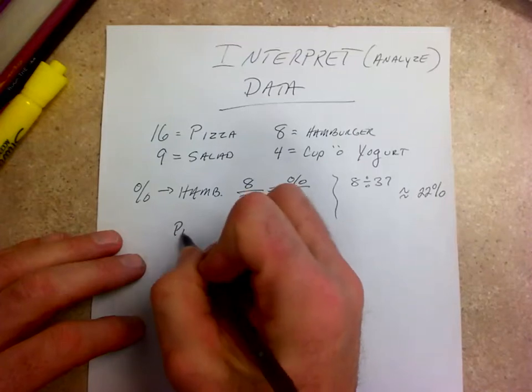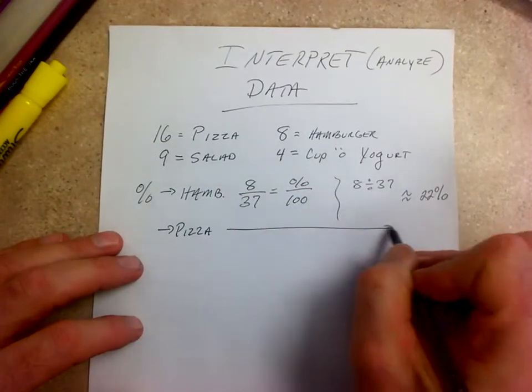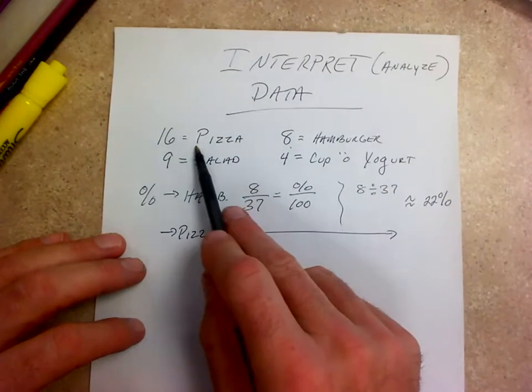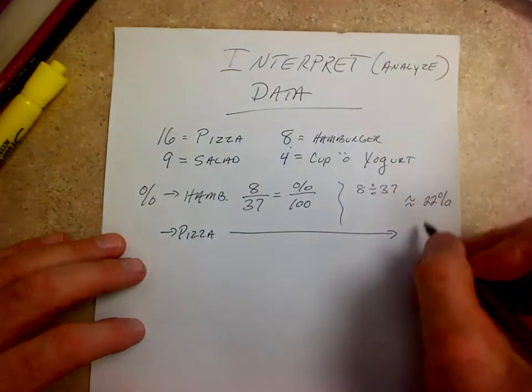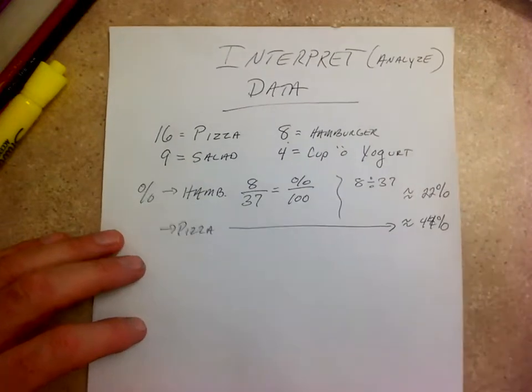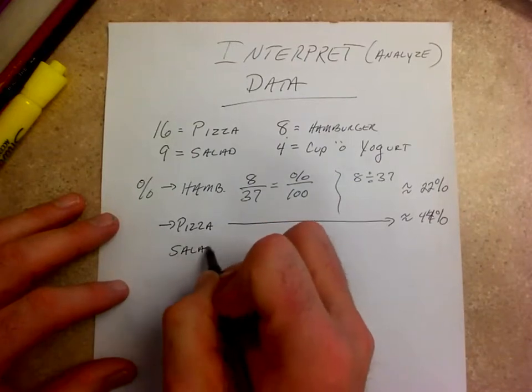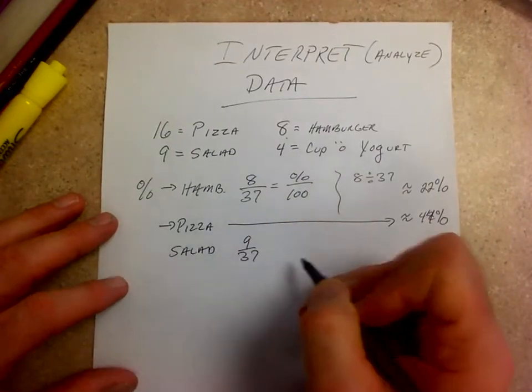Okay, pizza then. If we look at our results, since pizza is just doubled, 44% of the votes for pizza. Salad, 9 out of 37.